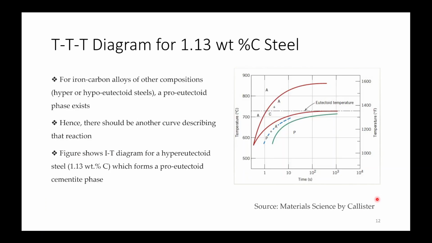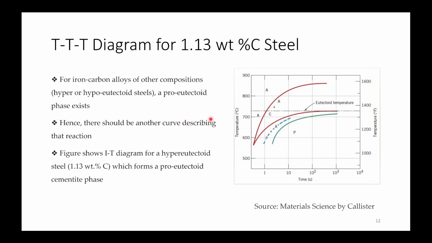Now we'll be going through some lecture notes. So firstly, in the previous lecture we talked about TTT curves, how they are plotted using various cooling curves, isothermal cooling curves. So based on that, now we'll be seeing the TTT curve for hypereutectoid steel.